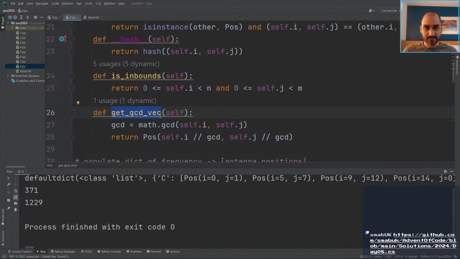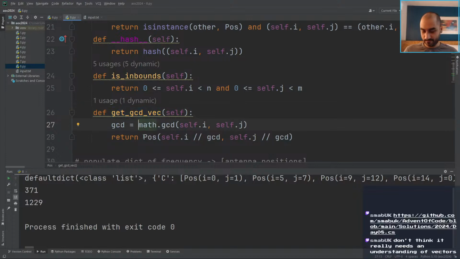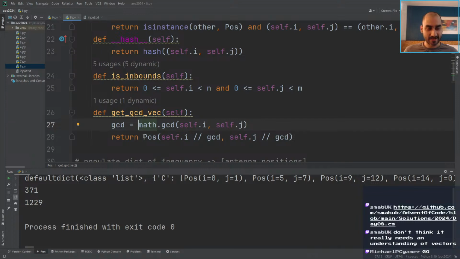And if someone didn't know, well, some languages don't have GCD, so then you'd have to use the Euclidean algorithm, one of the oldest algorithms in academia, to calculate the GCD. Don't think it really needs an understanding of vectors.